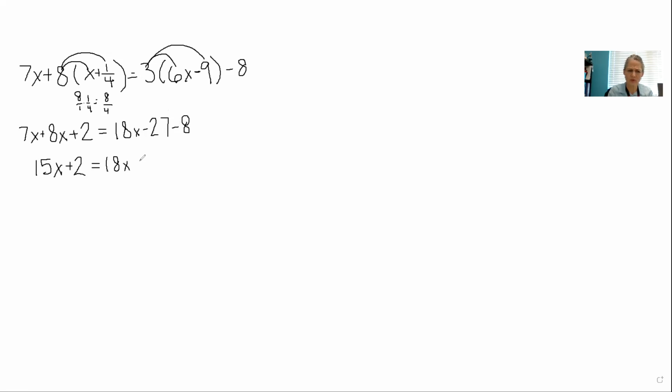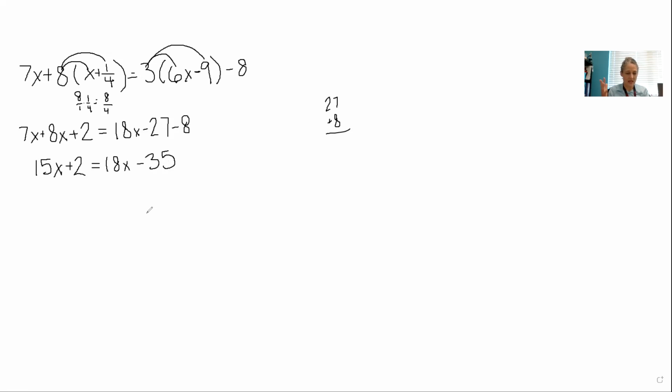School would totally be canceled. And we don't want to think about this. So negative 27 minus 8 is the same thing as 27 plus 8, because of the negatives. 27 plus 8 is 35. So negative 27 minus 8 is negative 35. Okay.